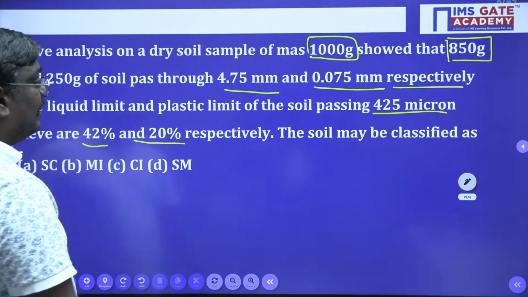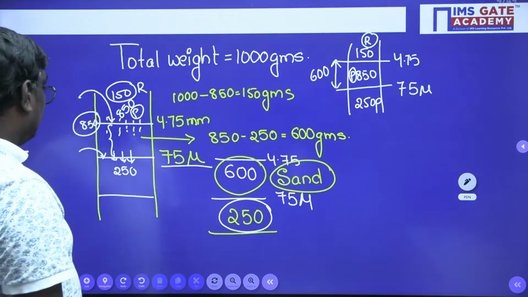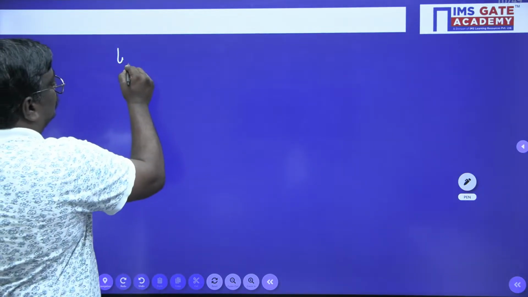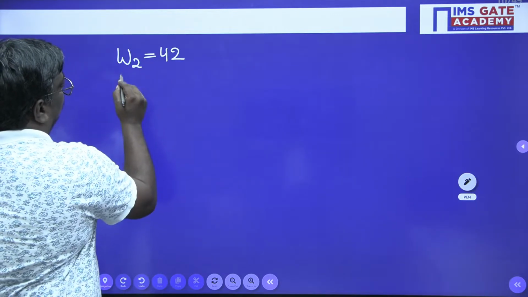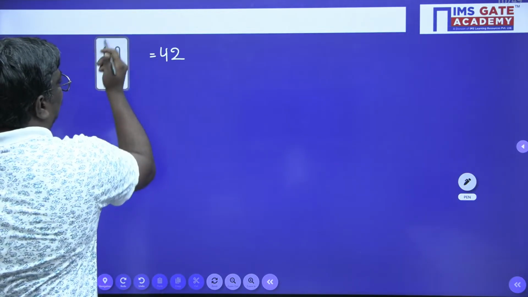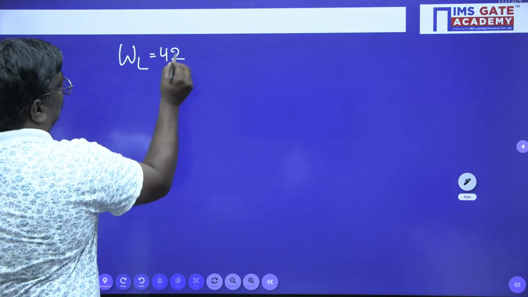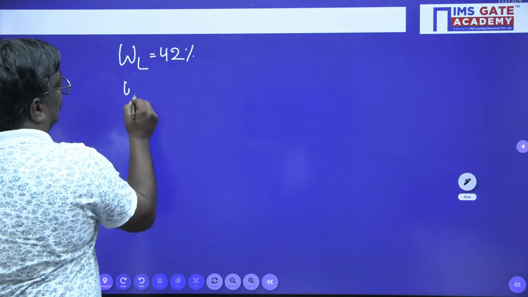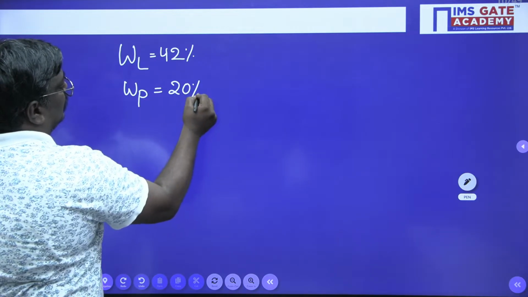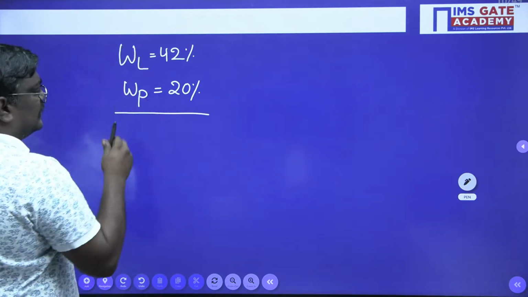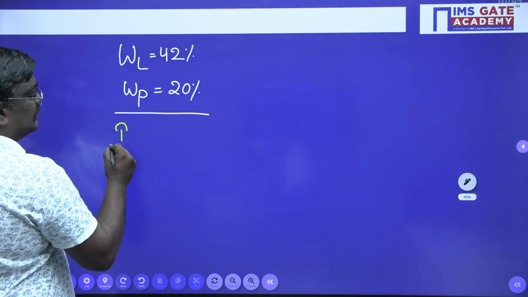He has given the liquid limit as 42 percent, and the plastic limit as 20 percent. So what is the plasticity index?